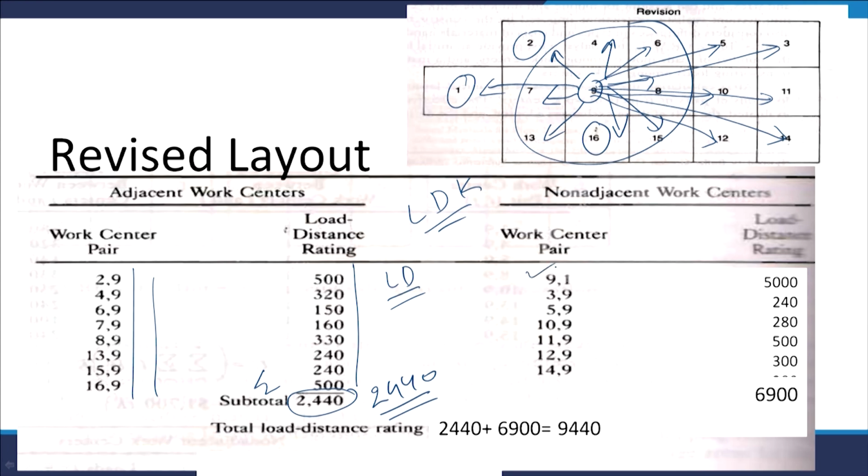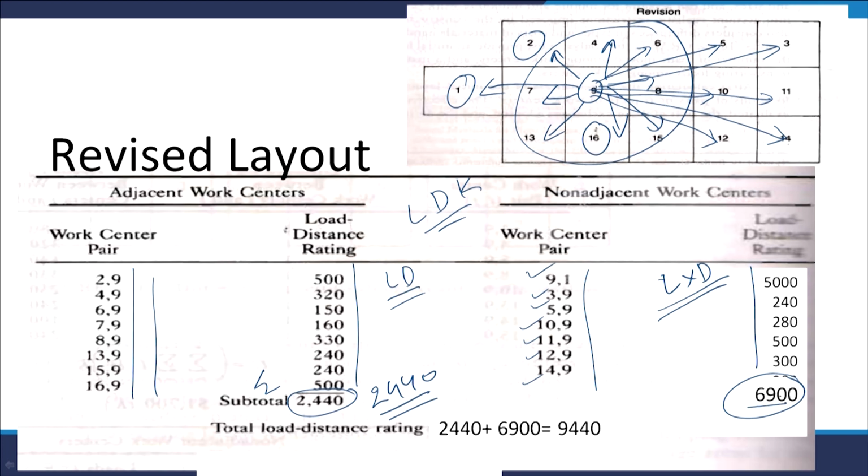Again, we consider the load into distance factor rating for the non-adjacent centers, and the sum of all these load into distance factors for the revised layout, for non-adjacent work centers, is about 6,900.